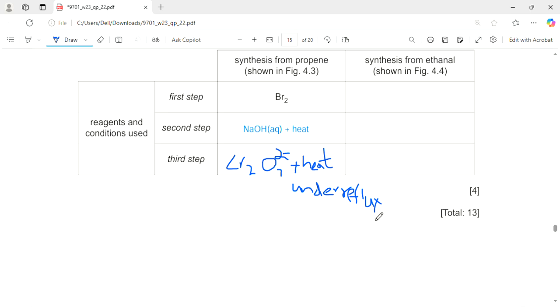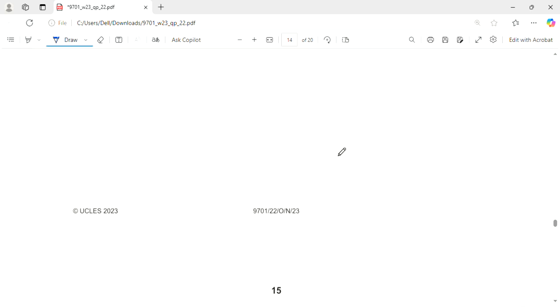This is the solution for the propene in figure 4.3, and what is figure 4.4? It should be 4.4.